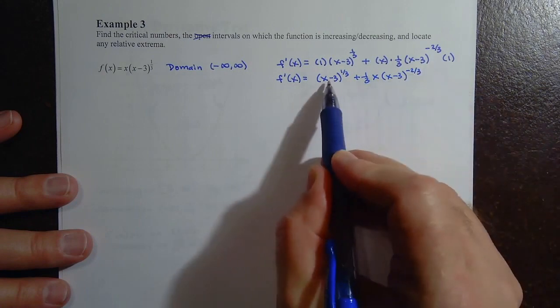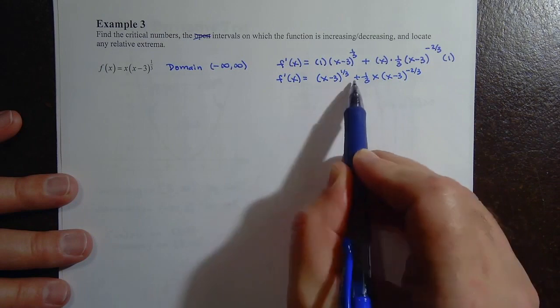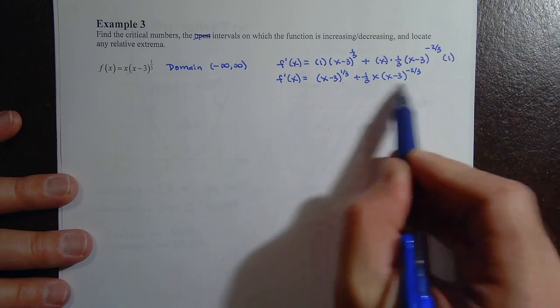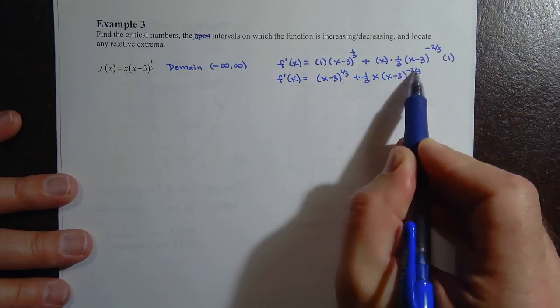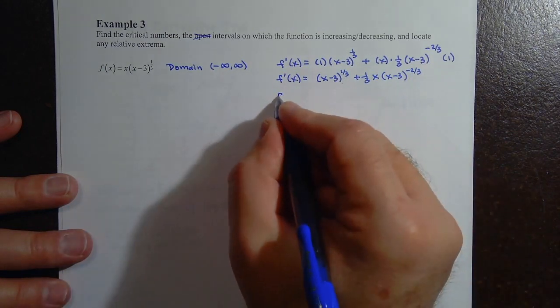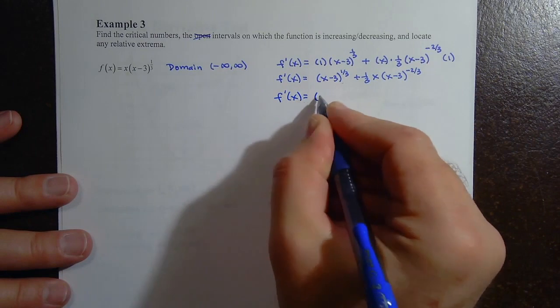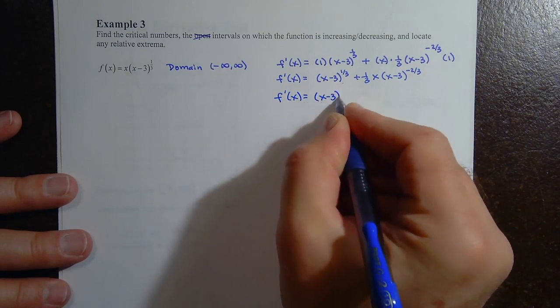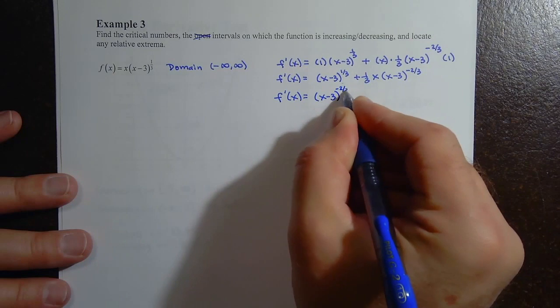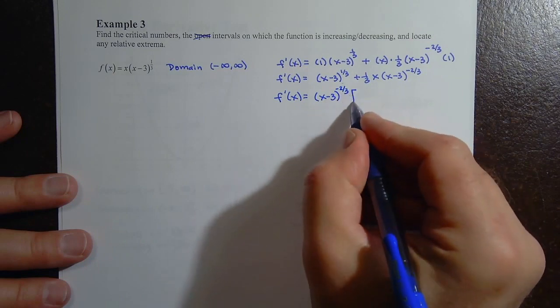So what they have in common is this x minus 3, right? These two terms. And the smallest power is -2/3, so that's the one we can factor out. So f prime of x is equal to x minus 3 to the -2/3 power, and I'm going to put a bracket here.